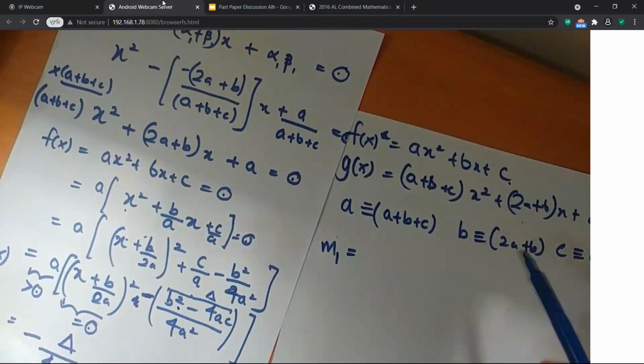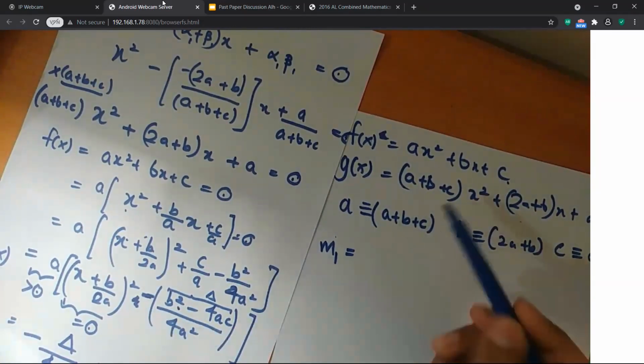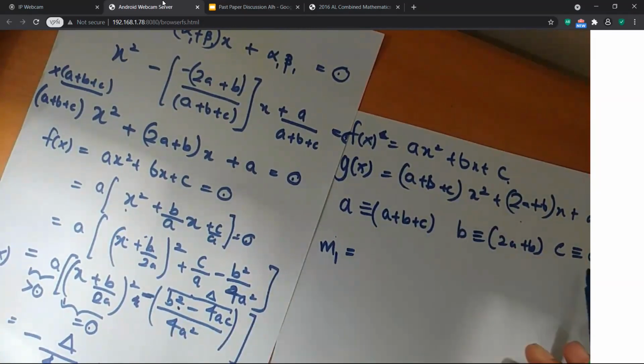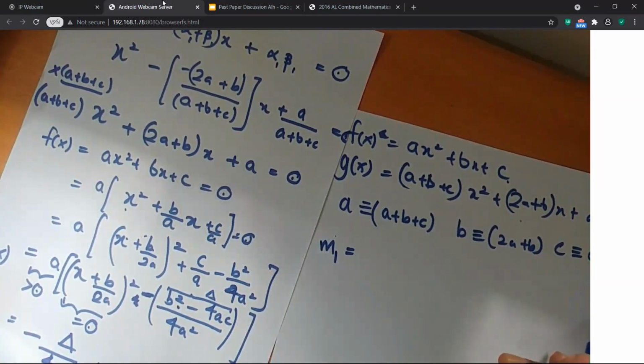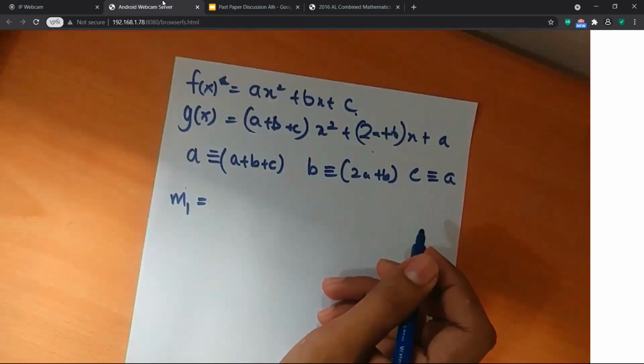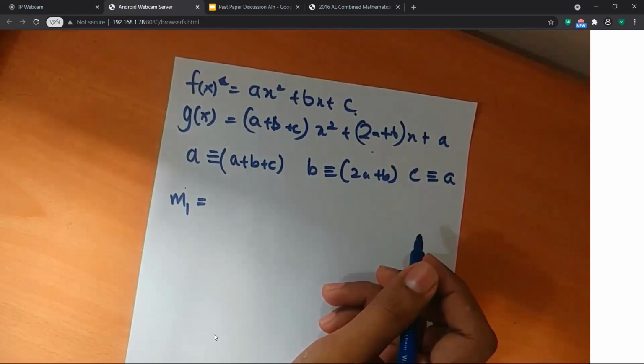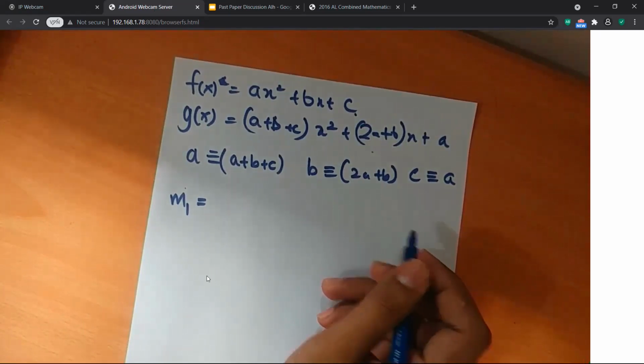Instead of b, we put in 2a plus b. Instead of a, we put in a plus b plus c. Instead of c, we put a. We substitute these values, and then we get the value for m2. Why do we do this? Because they said deduce. You can't just do what we did before and get the equation. If I'm not clear, or you need to understand something, that is okay.